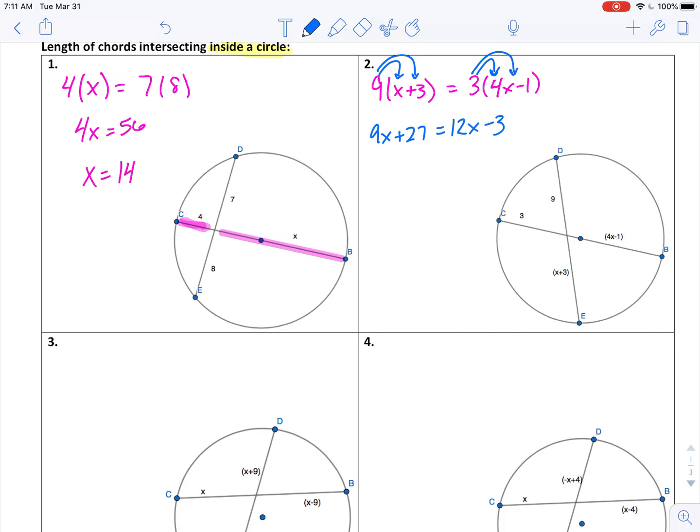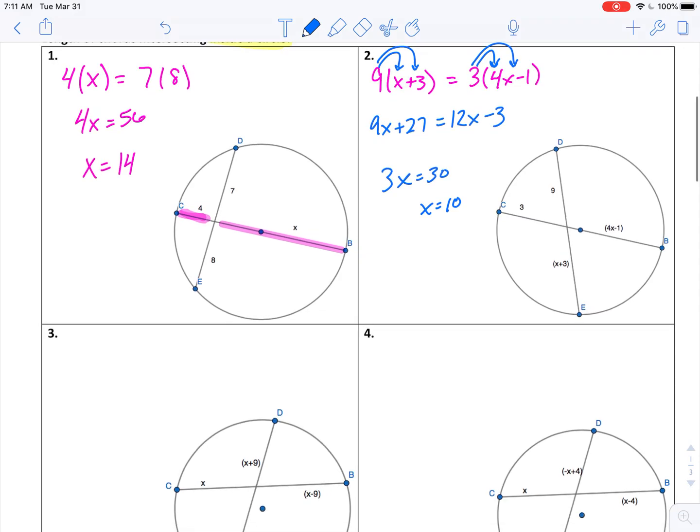So I've got 9x plus 27 equals 12x minus 3. And then I could go about solving for x here. So why don't you guys pause the video and finish solving this one for x, and then you can check back in a second. So this would be 3x equals 30, x is 10.